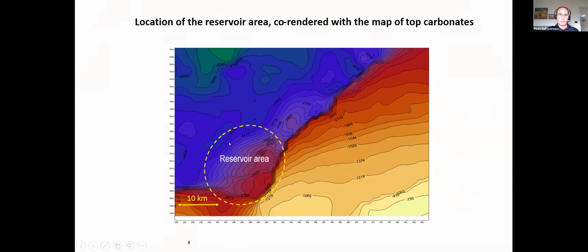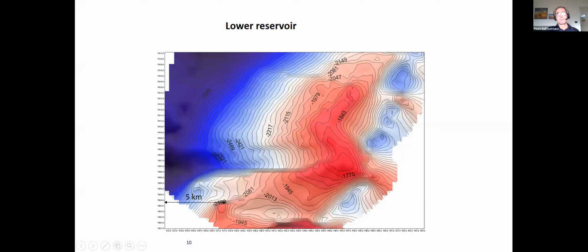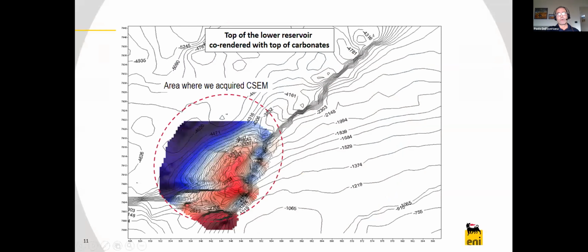And this is just the depth map of the upper reservoir, and this is the depth map of the lower reservoir. This is the same map of the lower reservoir co-rendered with the carbonate platform that is represented by these contour lines in this general map. This is just to give you an idea of the complexity of the problem.